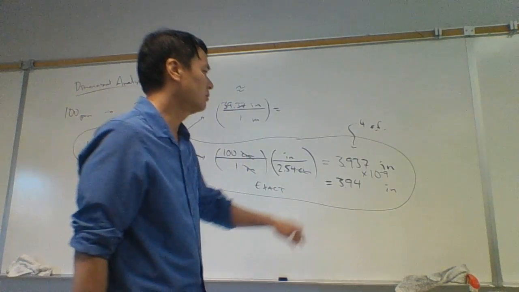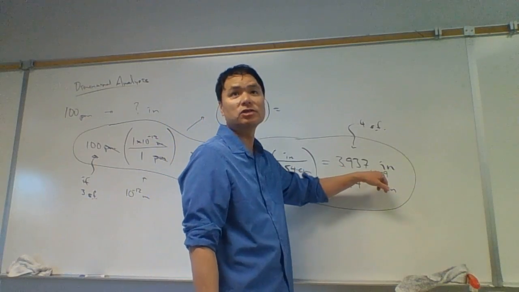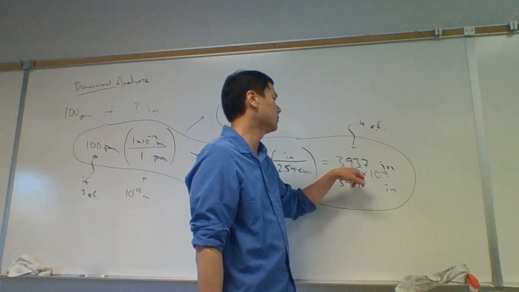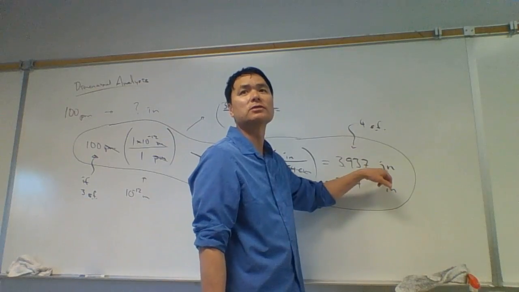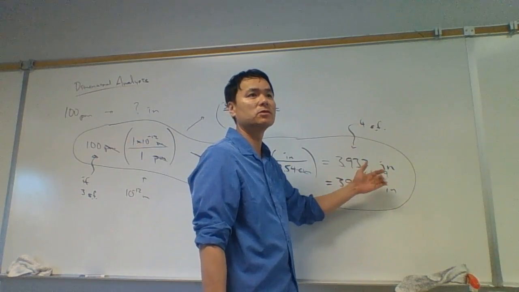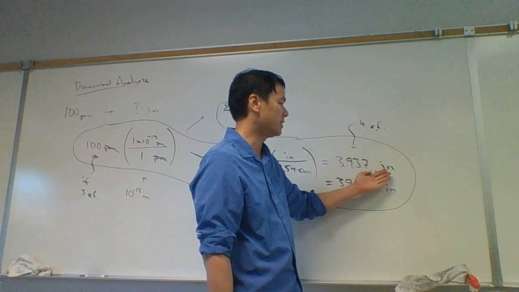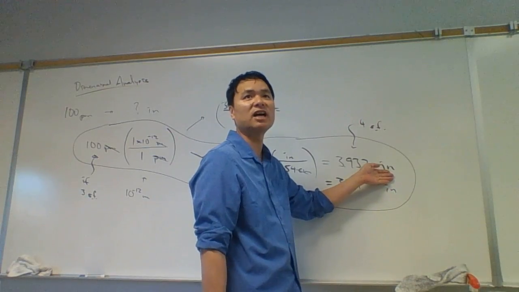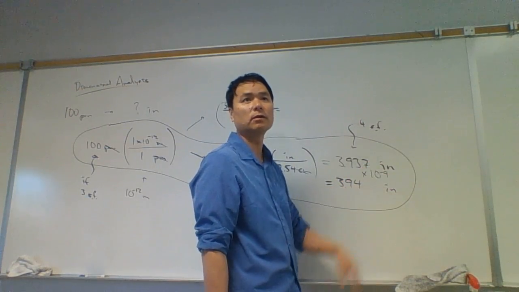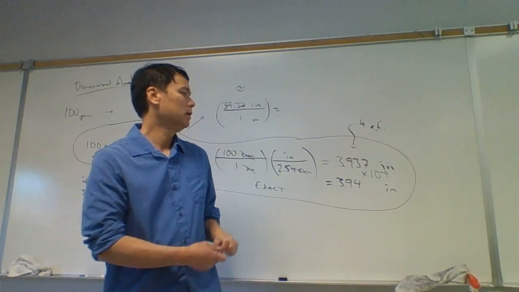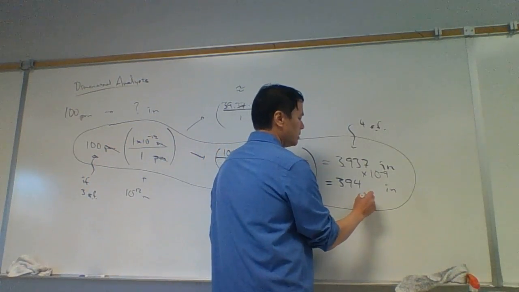And so this would be 3.937 nano inches, or 3.937 times 10 to the minus 9 inches. Although it's an English unit, we could use the metric prefix here as a nano inch.